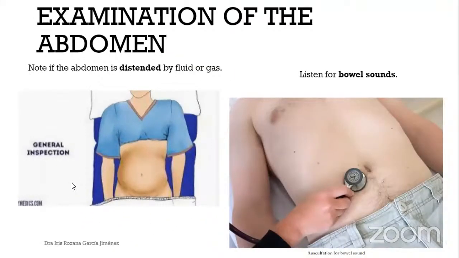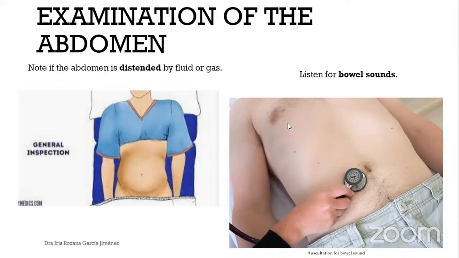Now we have the evaluation of the abdomen, how we examine this. We all know we have the maneuvers: inspection, auscultation, palpation, and percussion. It's just a fast view of this, okay? Talking about the general inspection, we note if the abdomen is distended, if it's bigger by fluids or gas, right?